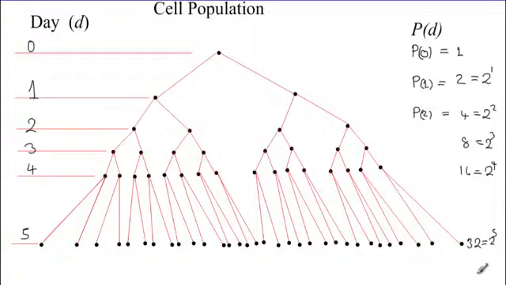This will continue, so the population on day n will be equal to 2 to the power n. If we go backwards, power 4, power 3, power 2, power 1, and here this agrees with the fact that 2 to the power 0 is equal to 1.